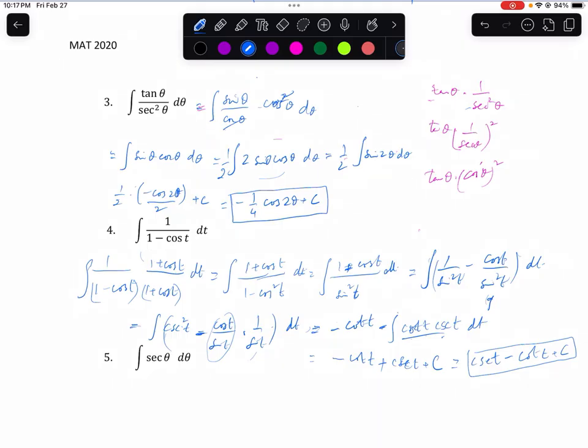So now with the secant, we get a similar thing when we multiply the secant theta on top and bottom by the term secant theta plus tangent theta.